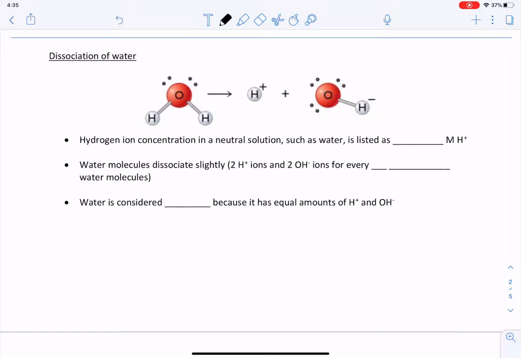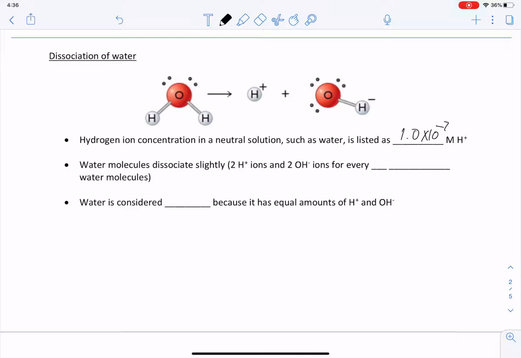We're focused here on water for a second. So hydrogen ion concentration in a neutral solution such as water is listed as 1.0 times 10 to the negative 7. Okay, so that's how many hydrogen ions there are in a pure water solution.